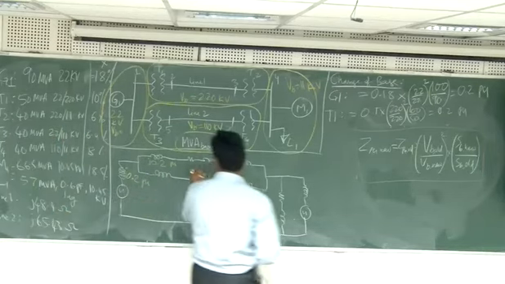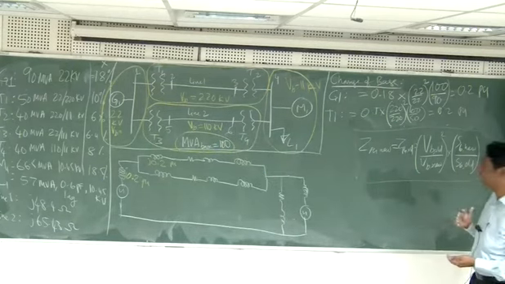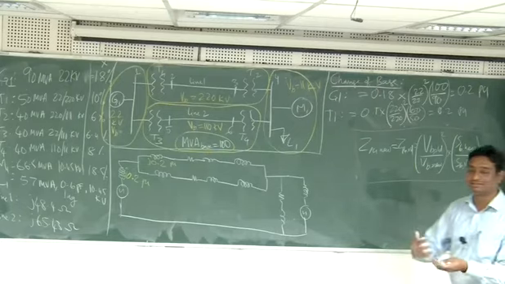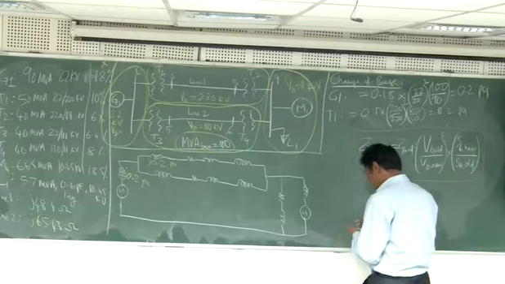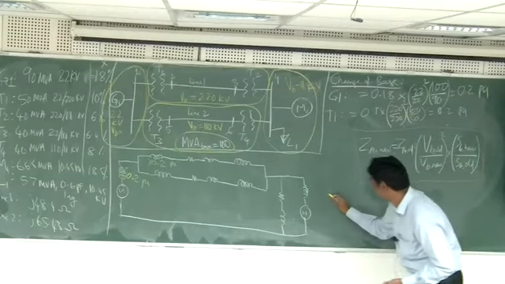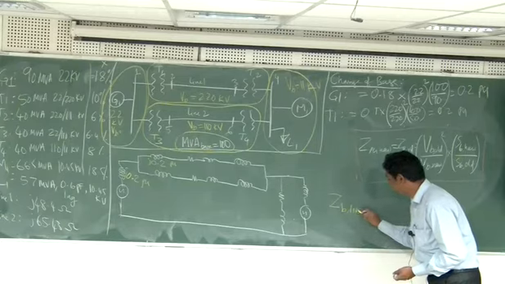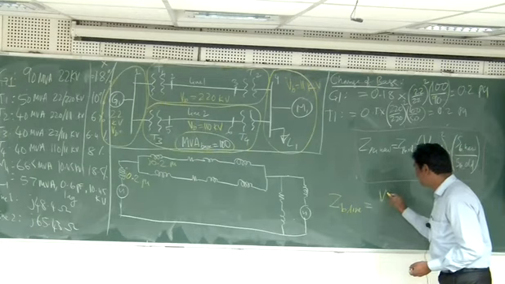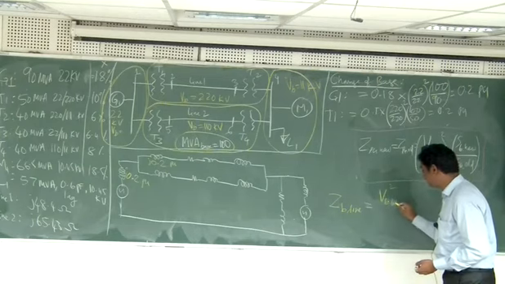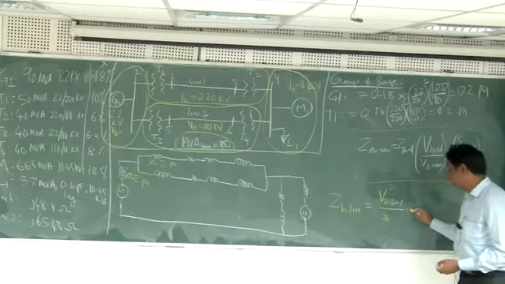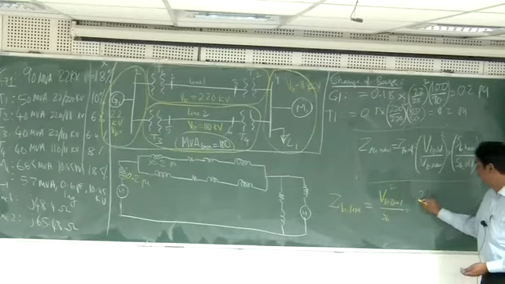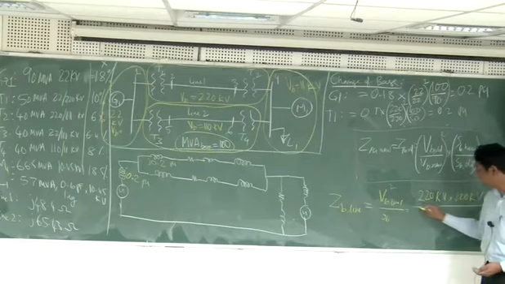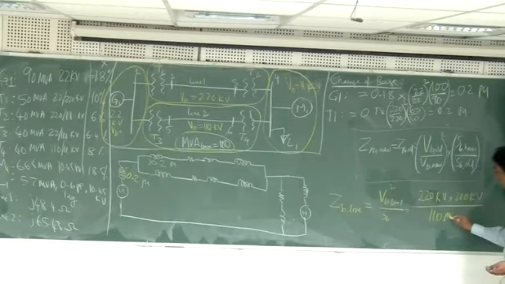Now let's look at the line. What is line L1? Here it is different. For the line, I am not doing change of base. I am actually calculating the base and then converting it into per unit. So what is the Z base for line 1? I have to write V base squared for line 1 divided by S base for the entire system. So 220 kV squared divided by 100 MVA.